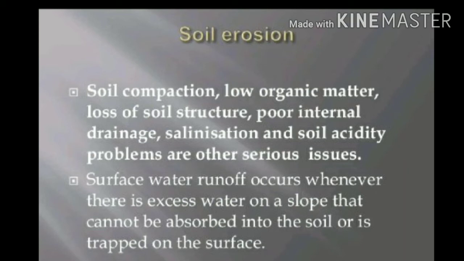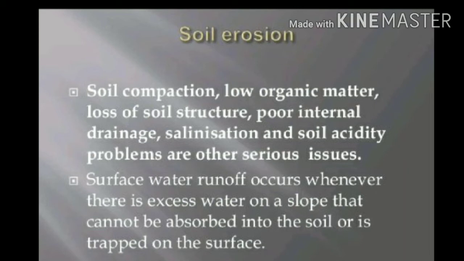Soil erosion means the loss of soil. Surface water runoff occurs whenever there is excess water on a slope that cannot be absorbed into the soil or entrapped on the surface.